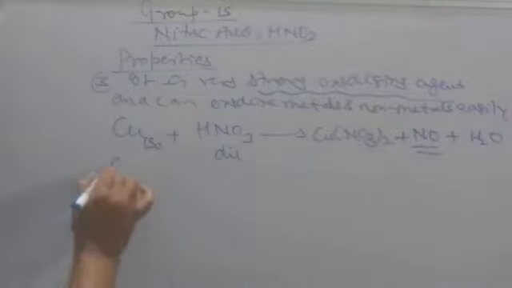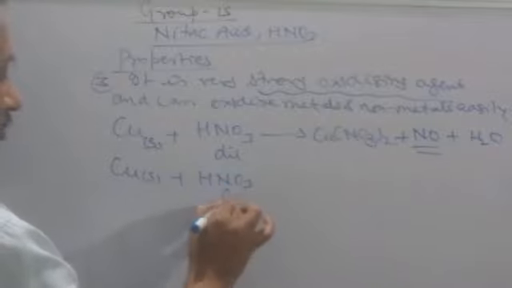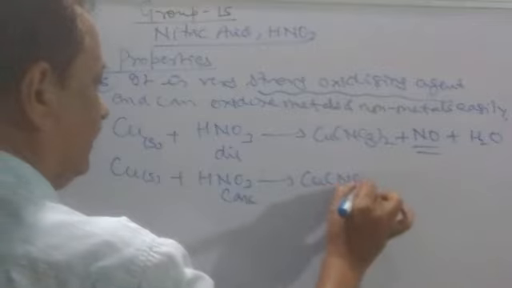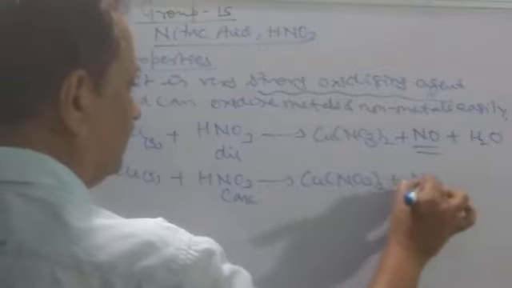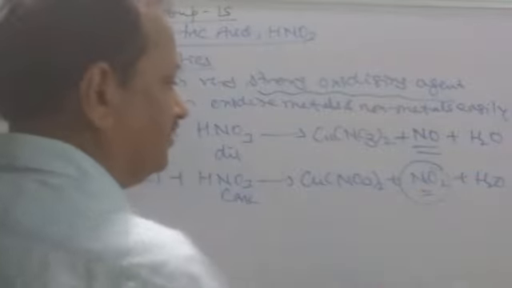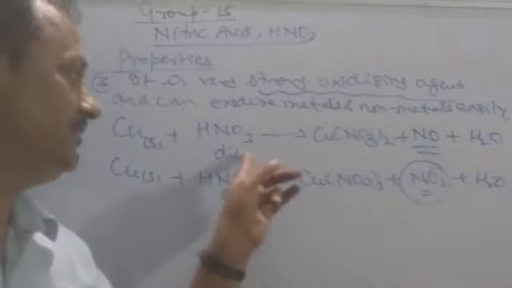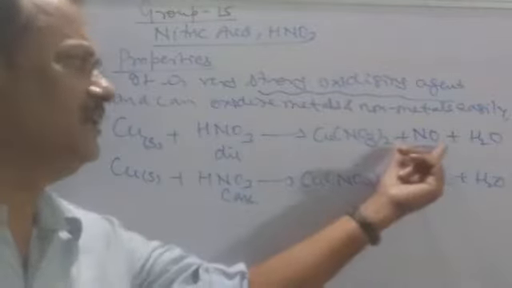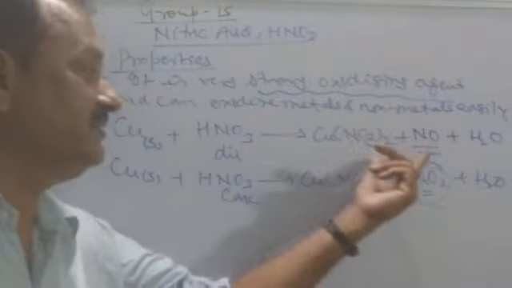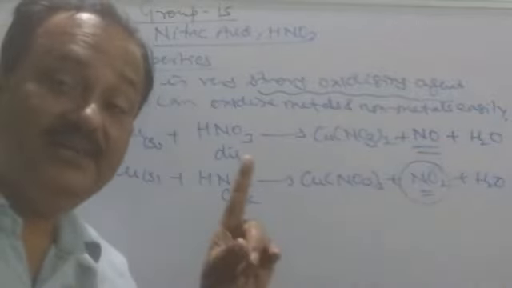But when we take this copper and there is the concentrated, then here the product is the same salt, and we get nitrogen dioxide, so thus here there is a brown gas. If it is the dilute, initially there can be nitric oxide, but later on it may react. If we keep for some time, it combines with oxygen. But initially it will not have it.